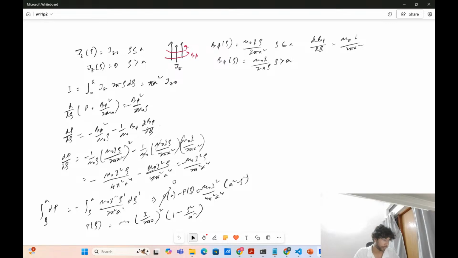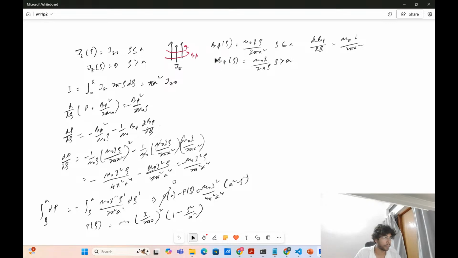Okay, so all right, so this is how the pressure varies as a function of rho inside this column. Okay, so what else you can do is, yeah. So I think this is how you can get the pressure, right? Just from the magnetic fields.